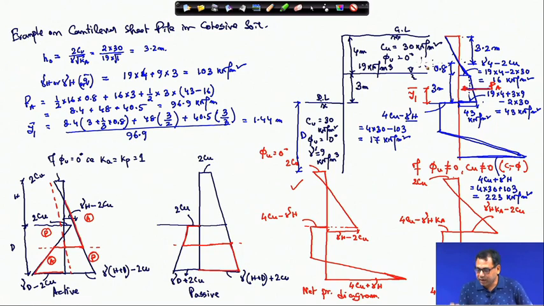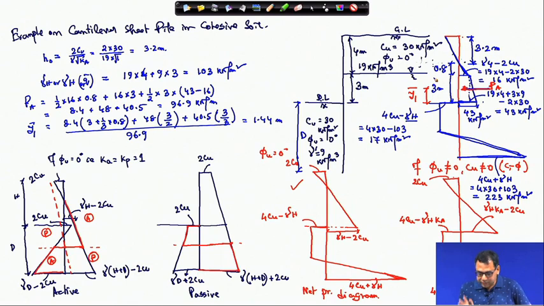So, this is one point. Another point is that in 4 Cu minus gamma h, gamma h may be very high and Cu value very less, so it can go negative on this side also. In that case you may not use sheet pile in that type of soil.